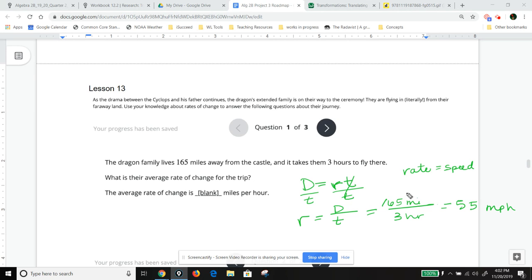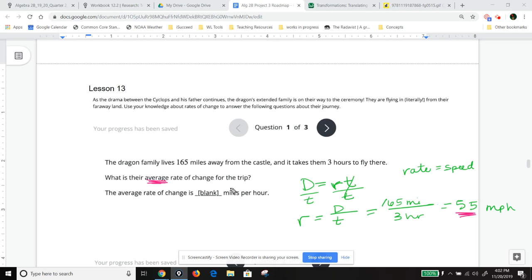Now I want to come back to why this is called the average rate of change and not just the rate of change. Well, as any of you who have ever traveled anywhere know, you're not going at a specific speed for the entire trip. If I'm getting in my car, I need to back out of my driveway. That's one speed. I need to change into forward movement, which is another speed. I get to a stop sign, I need to change my speed and stop, then accelerate out of the stop sign.